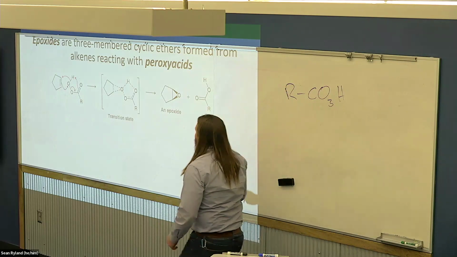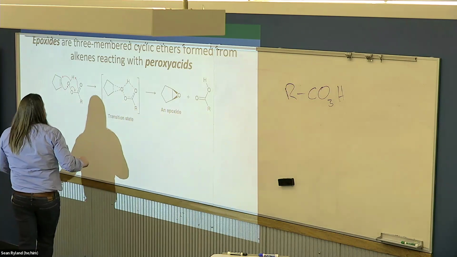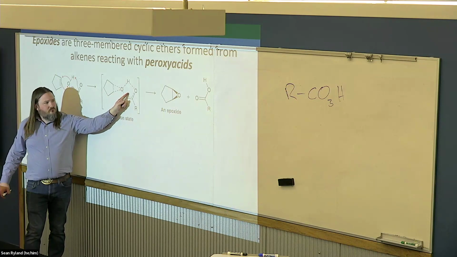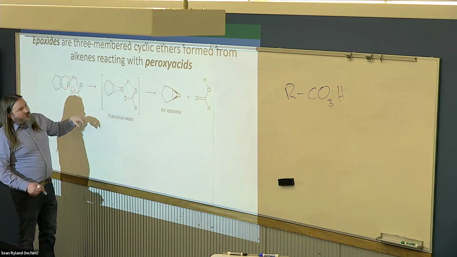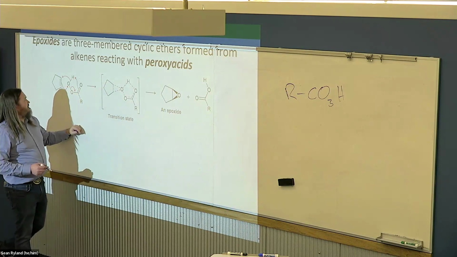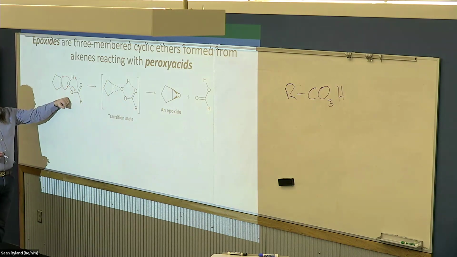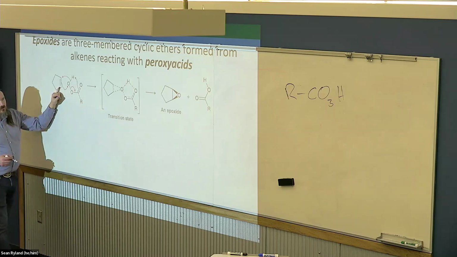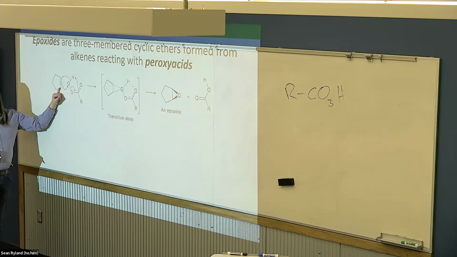And when you do that, you get this sort of weird five-sided ring rearrangement happening. Basically, you wind up kicking it off. The net result is your peroxy acid kicks an oxygen out and turns an alkene into an epoxide.